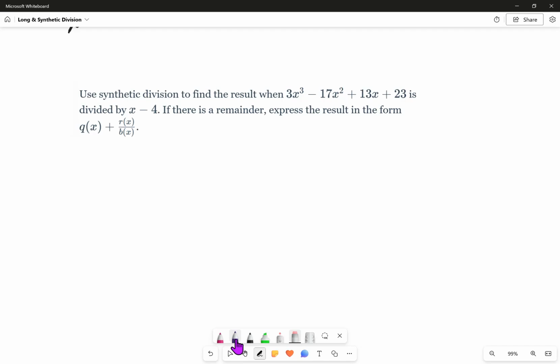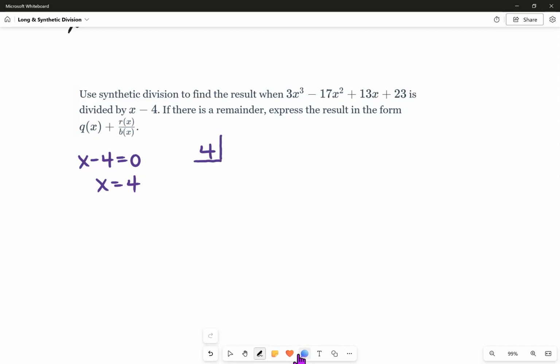So let's do this. Let's first take our x minus 4 factor and set it equal to 0 to find our x-intercept. In this case, it is a 4. So I'm going to put the 4 down, and I'm going to put my 4 in a backwards trapped L, right? And I'm going to now write the terms.